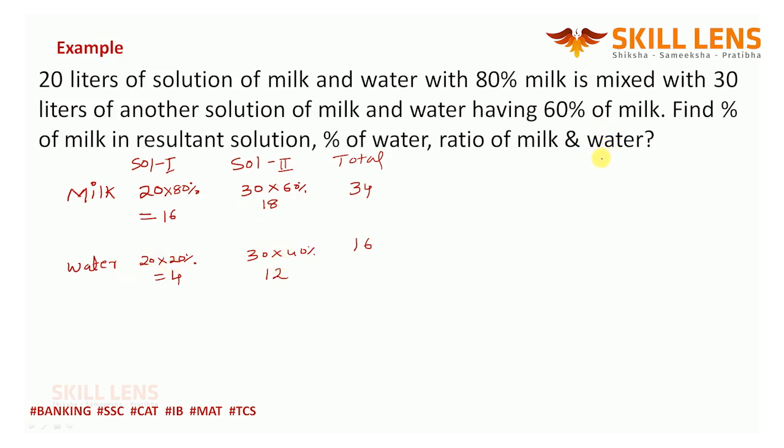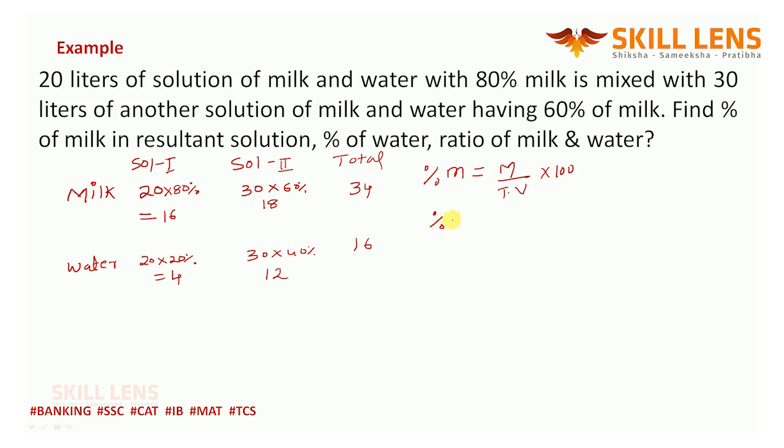Okay, so finally you got your total milk and your total water. Let's try to answer your question. Find the percentage of milk in resultant solution. So percentage of milk you want. So that is nothing but what is your formula? Milk by total volume into 100.